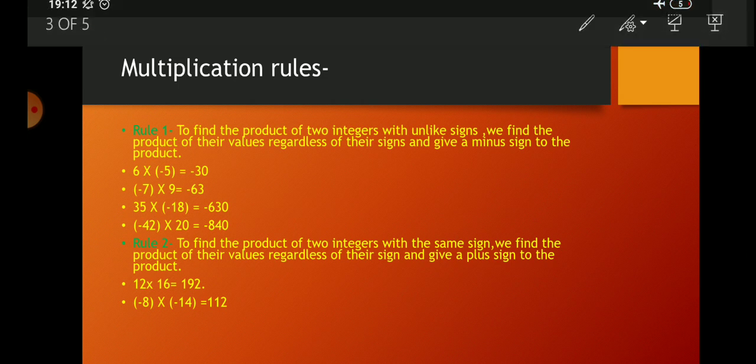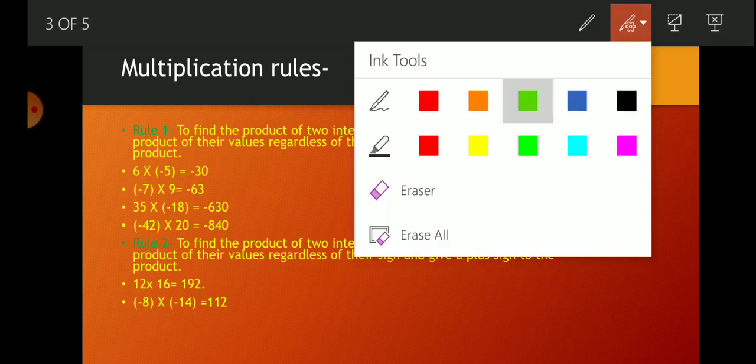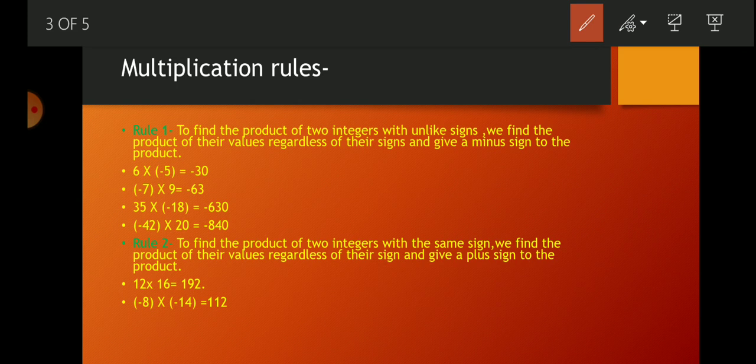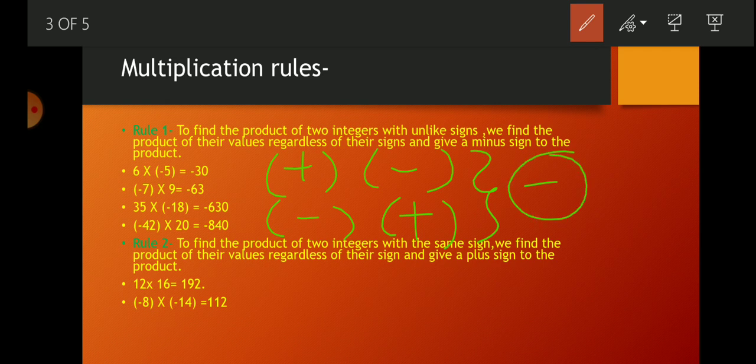Means, if we have two integers with different signs, our answer will always be negative. If one number is positive and the other is negative, or one is negative and the other is positive, our answer will be negative only.